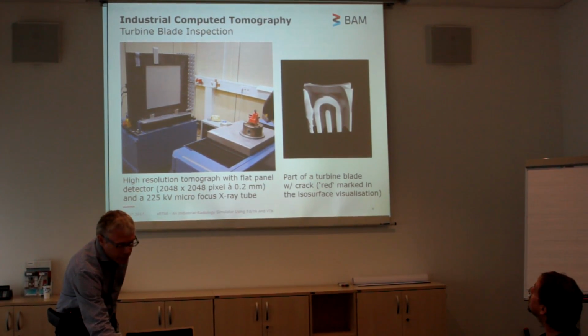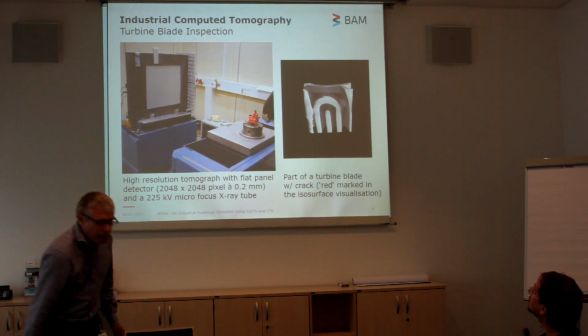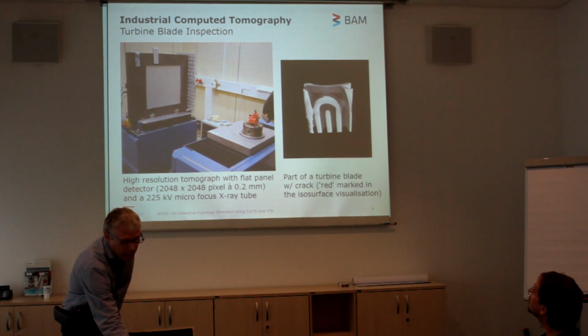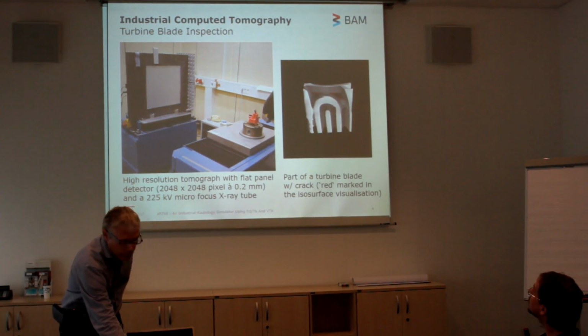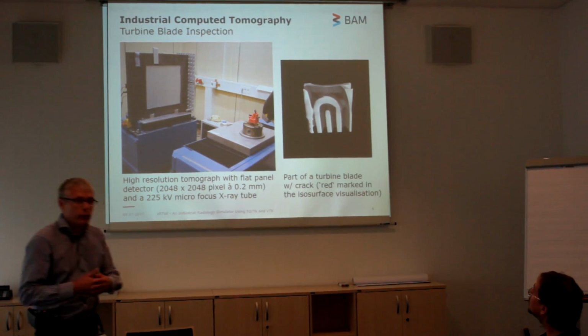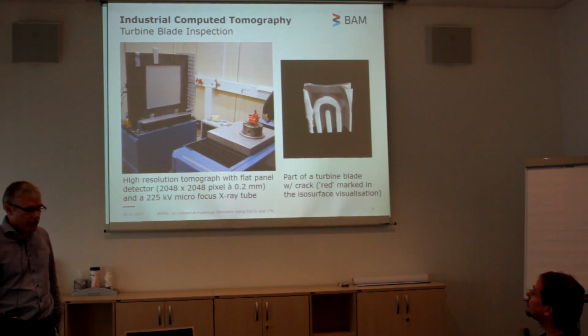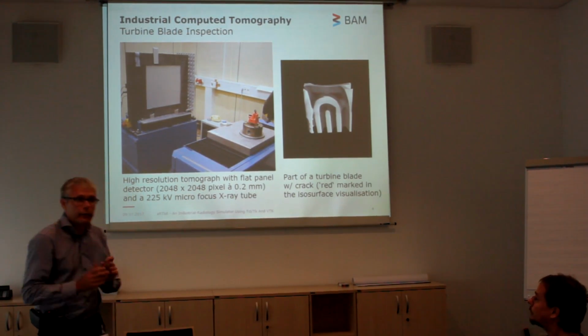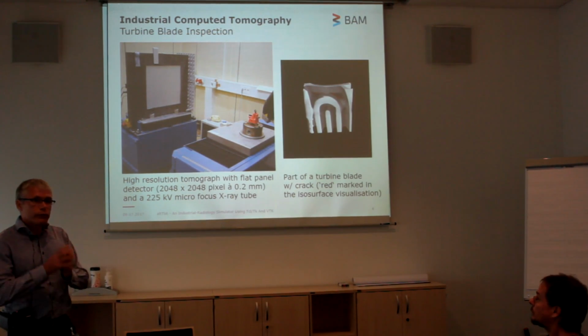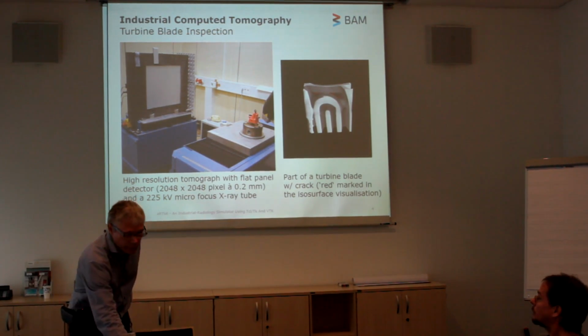From the right there's a tube, and it will illuminate that digital detector, and after a full turn of the object you will get a reconstruction. And here for instance some flaws are marked in red, cracks inside, so we are looking for internal structures, or for surface measurements where we then can measure wall thickness, or also for inner structures.